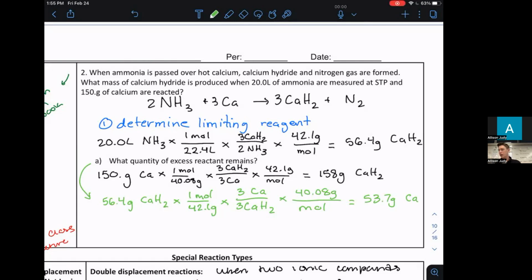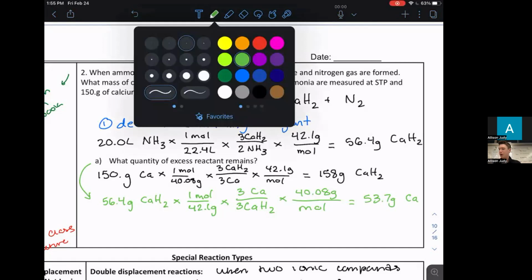Okay, so assuming that we only produce 56.4 grams of calcium hydride, this means that 53.7 grams of calcium were used. In order to determine how much of the excess remains, we're going to do some subtraction, because this is the amount we used, and we started with 150 grams.